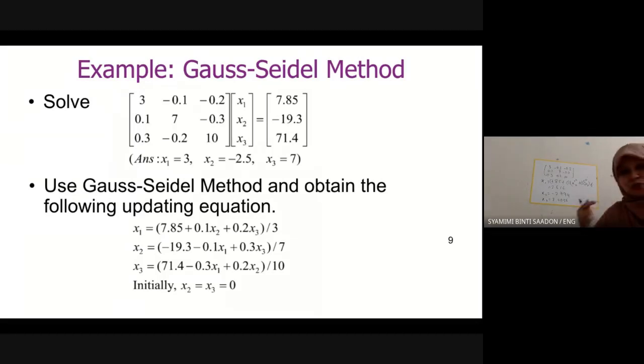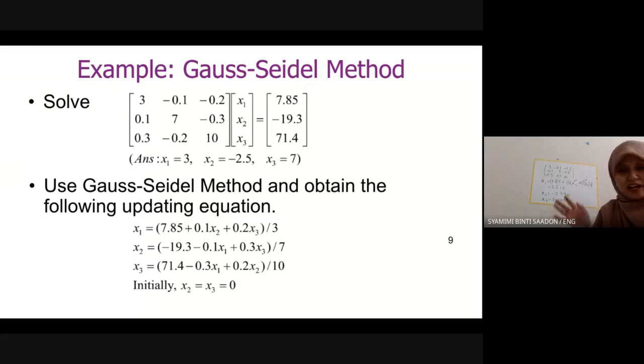If you do it manually, then we need to set a stopping criterion. For example, in your test or final, I need to set the criteria for you to stop. You cannot do until 10 rounds. So at least do the first iteration and second iteration. That's enough.